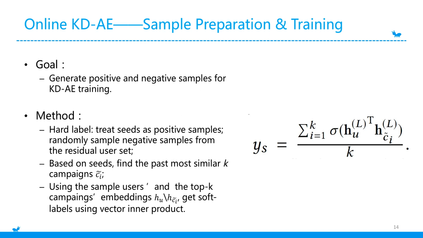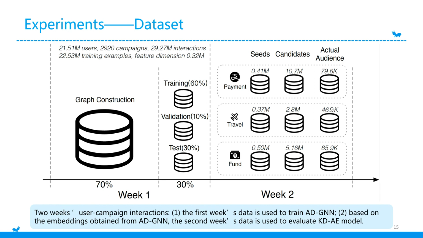That is, we first measure the distance of user U to each of the K historical campaigns, then transform by sigmoid, and finally average over all K campaigns. Given the hard labels and the soft labels in the online stage, we simply build a two-layer perceptron for optimizing the cross entropy.